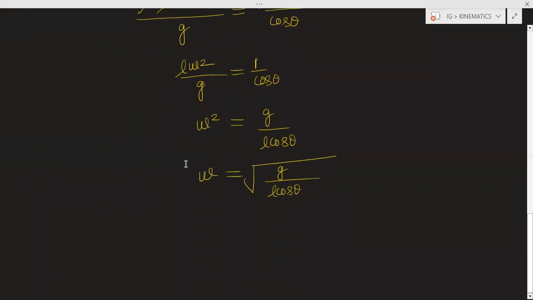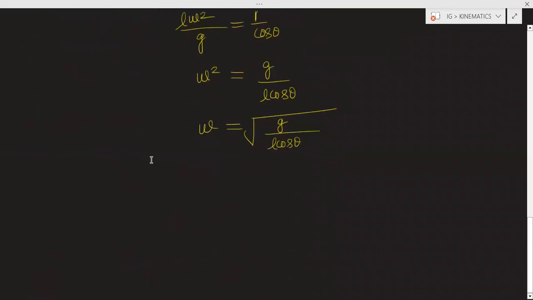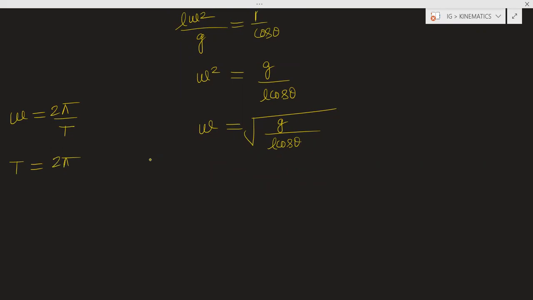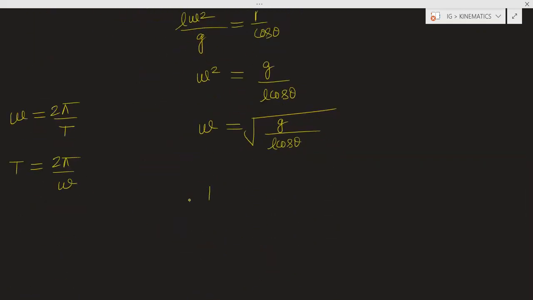Now there is a relation between the angular velocity and the time period. What is that? Omega is equal to 2 pi divided by T. Now the time period will be 2 pi by omega, and we have to find the time period.